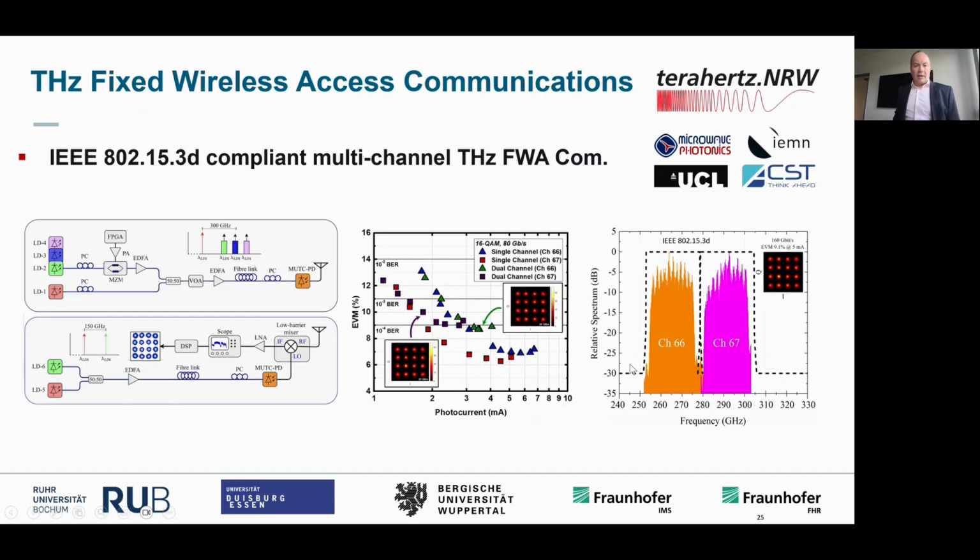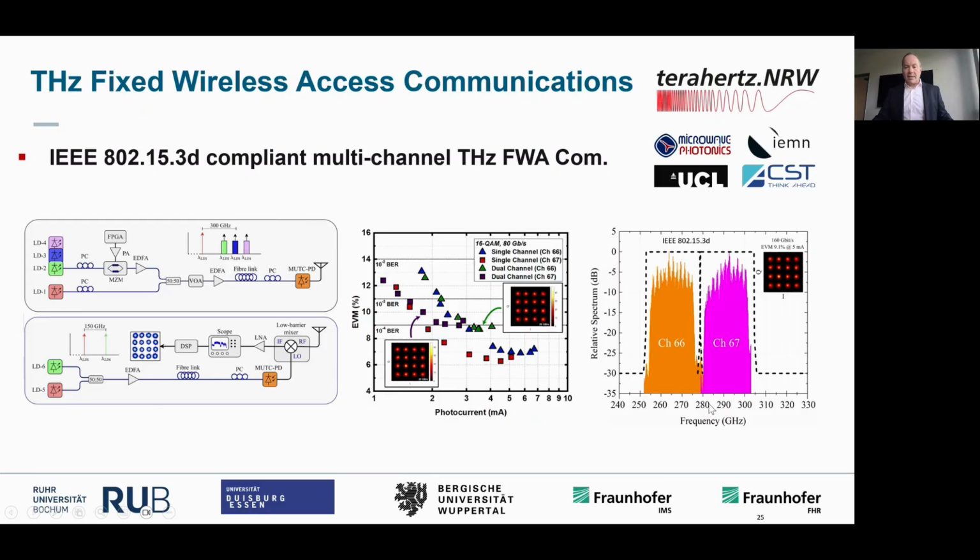In this case, we are compliant to the IEEE 802.15.3d standard. So we are using transmission channels, frequency channels that are allocated by this standard for wireless communications. If you look at the right-hand figure first, you see that we are using the so-called channel number 66 and channel number 67.